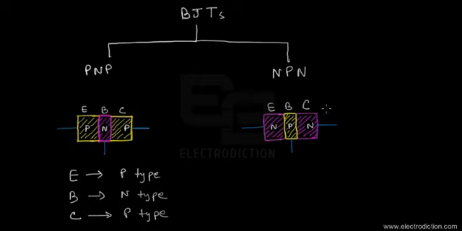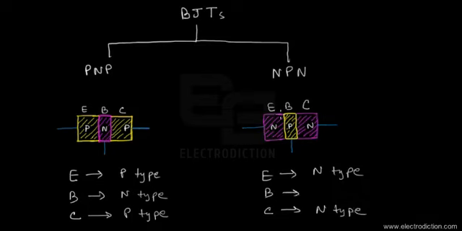Similarly for the NPN type BJT that I'm talking about, we have the emitter, base, and collector sections as well. The emitter and the collector sections are made up of N-type extrinsic semiconductor material, while the base, the portion in between the emitter and the collector, is made up of P-type extrinsic semiconductor material.